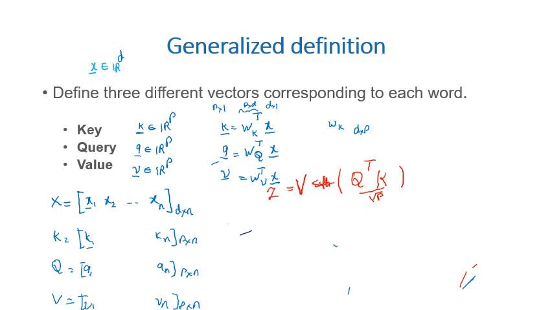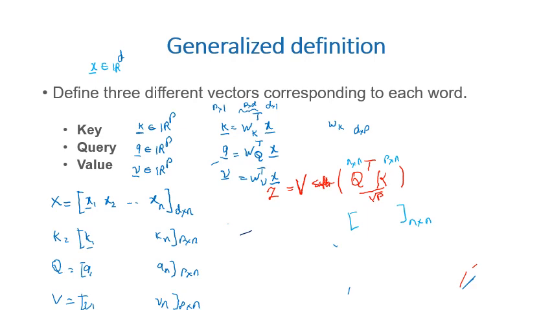So Q transpose times K: K is P by N, and Q transpose is N by P. So this is going to be an N by N matrix.